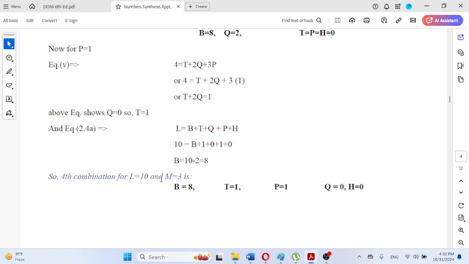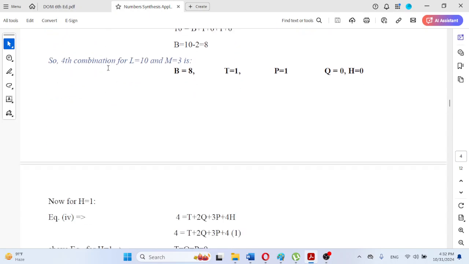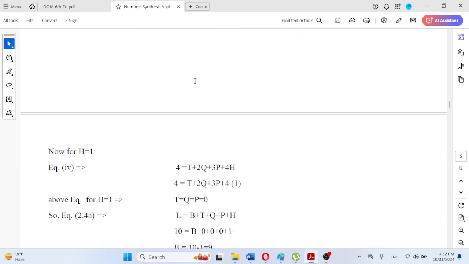So the fourth combination for L is equal to 10 and M is equal to 3 is B is equal to 8, meaning 8 binary links, 1 ternary link, 1 pentagonal link, and the quaternary link and hexagonal link must be 0. So both values of P have been satisfied, so the fourth combination has been obtained.